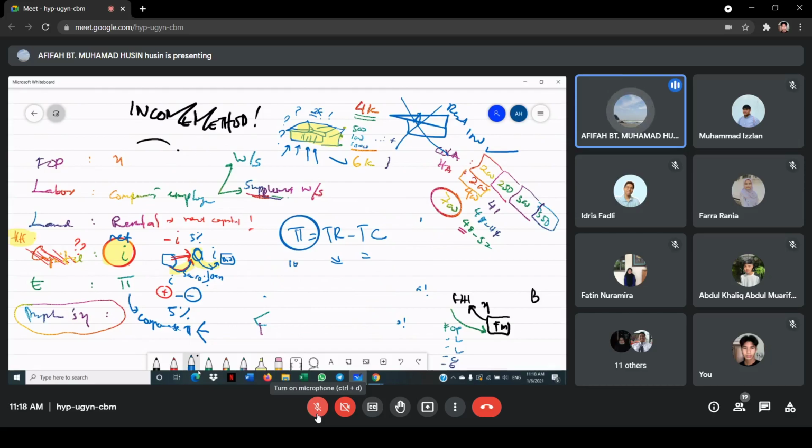When you get a profit, let's say 100k, where will the profit go to? Inilah corporate profit tadi tu. It will go to dividend. It will go to the corporate income tax. It will go to the undistributed corporate profit. 3 benda profit ni akan pergi.